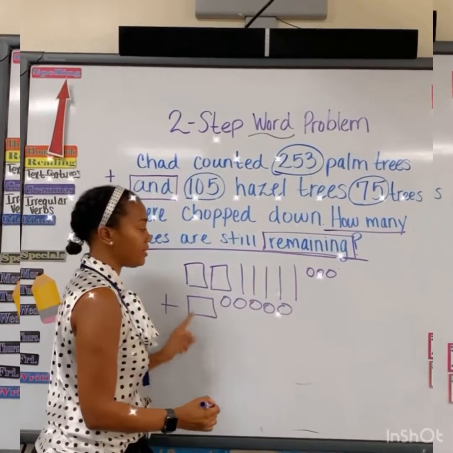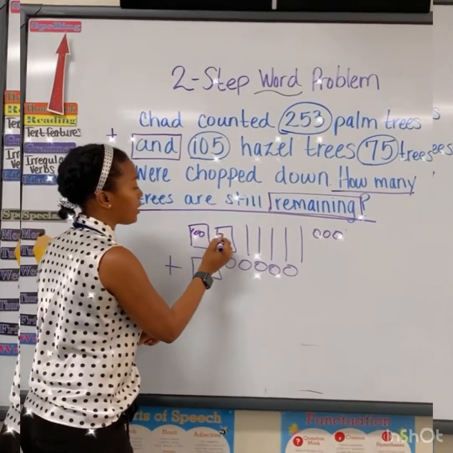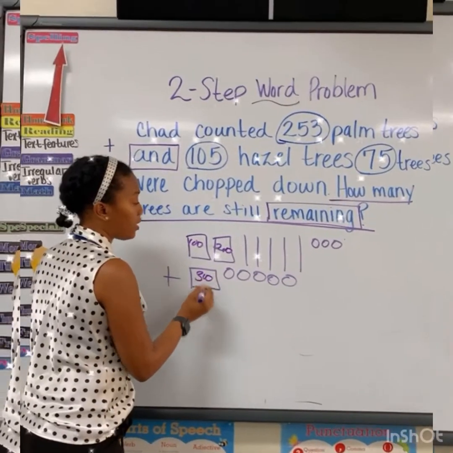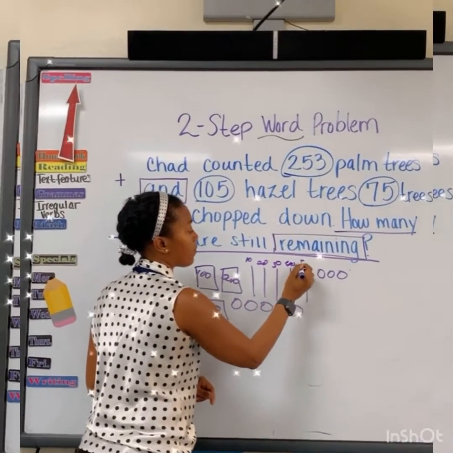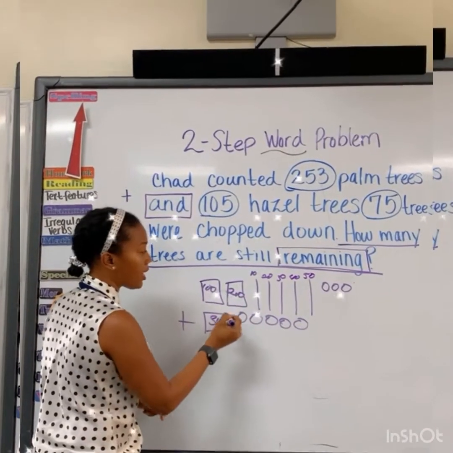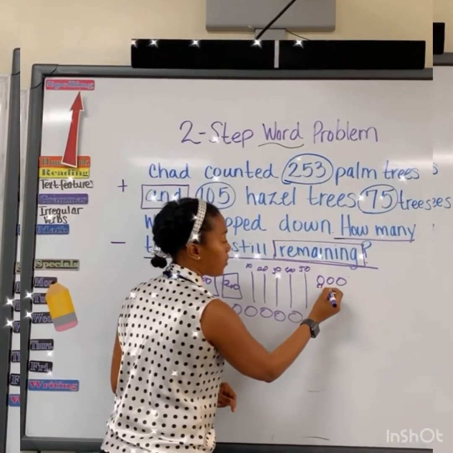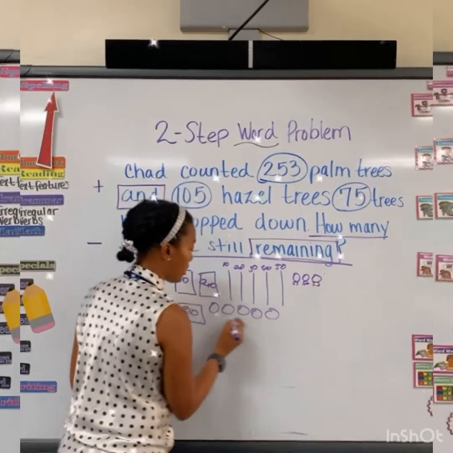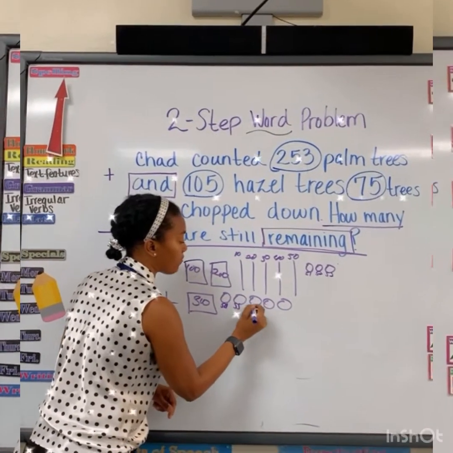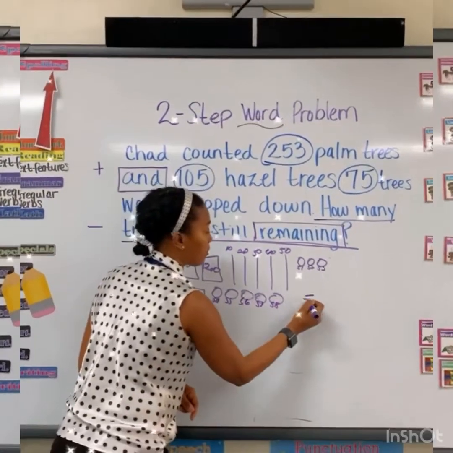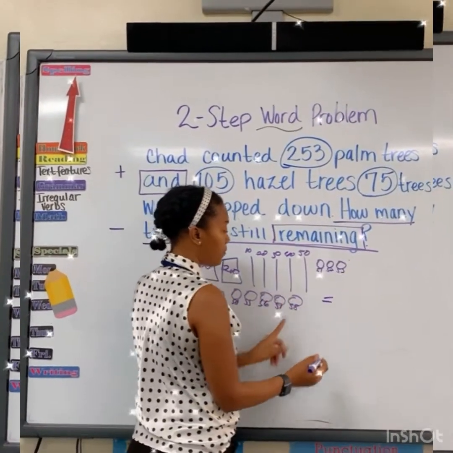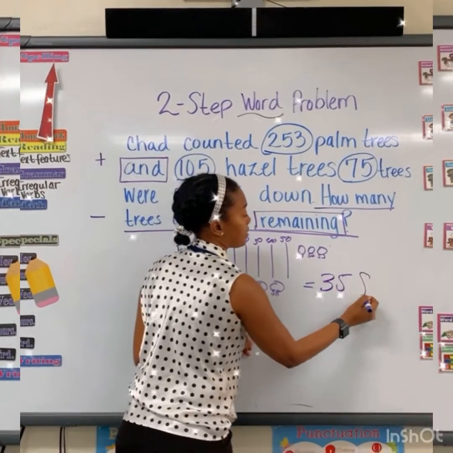Now I'm going to add these together. 100, 200, 300, 10, 20, 30, 40, 50. So that's 350, 51, 52, 53, 54, 55, 56, 57, 58. So that's going to equal 358.